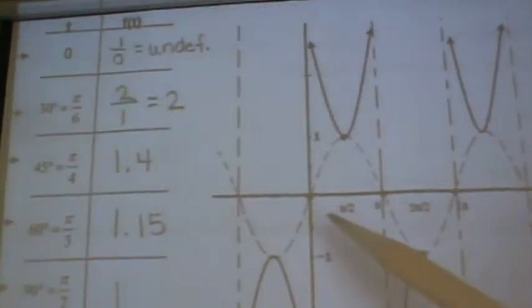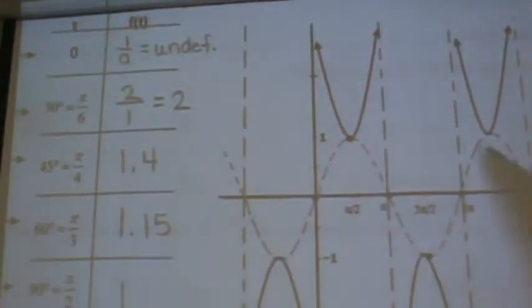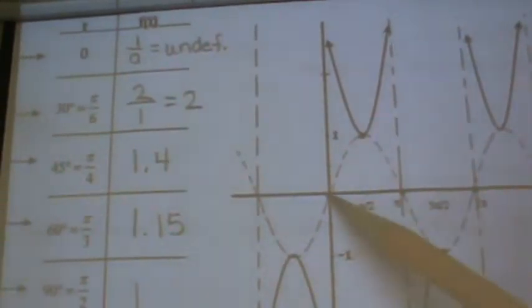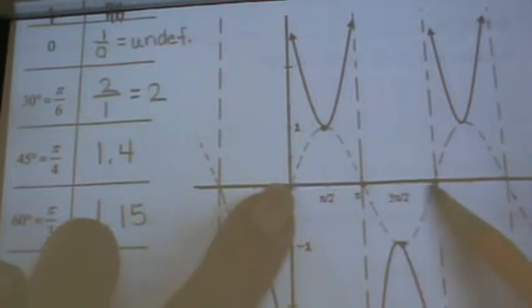Now, let's look at our graph here. Over here, this was our y-axis. So our on, above, on, below, on, above, on, below. This is the sine curve. So now, where it was on, what's happening here? Because this is the cosecant curve right here.